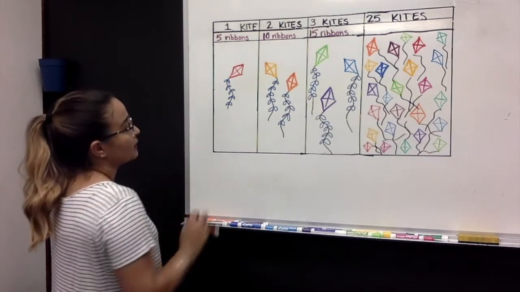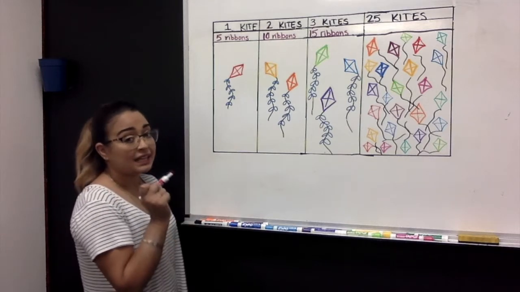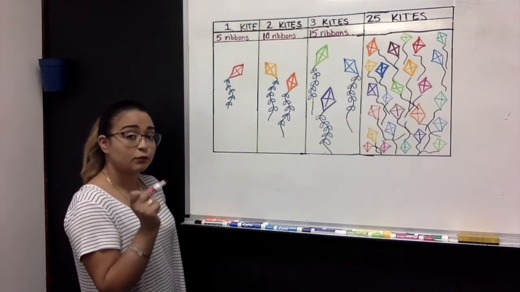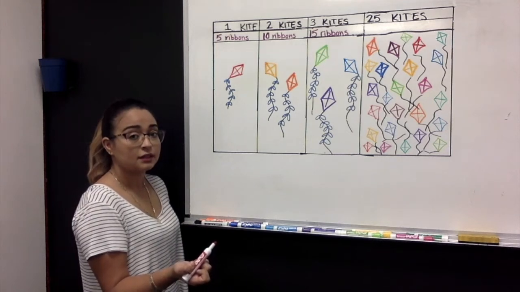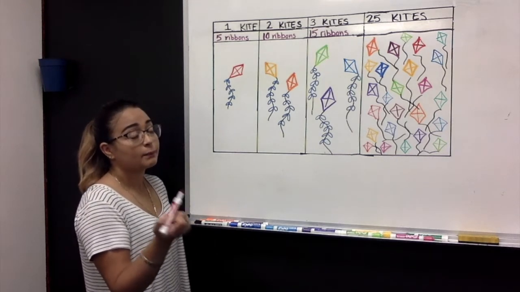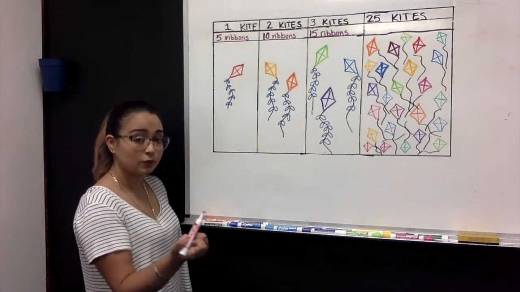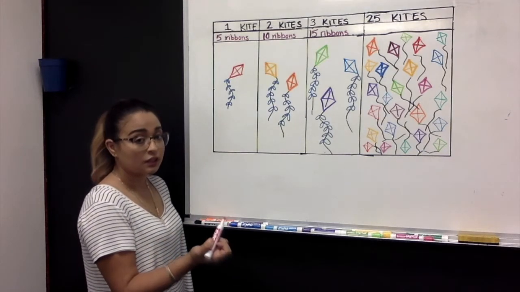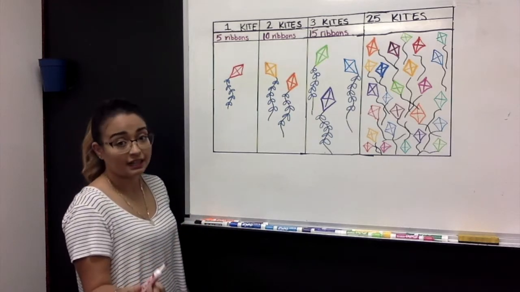Let's go with red. So we know that each kite has 5 ribbons, right? So to figure out the amount of ribbons, we need to know how many kites we are working with. So let's use K as our variable for kites.